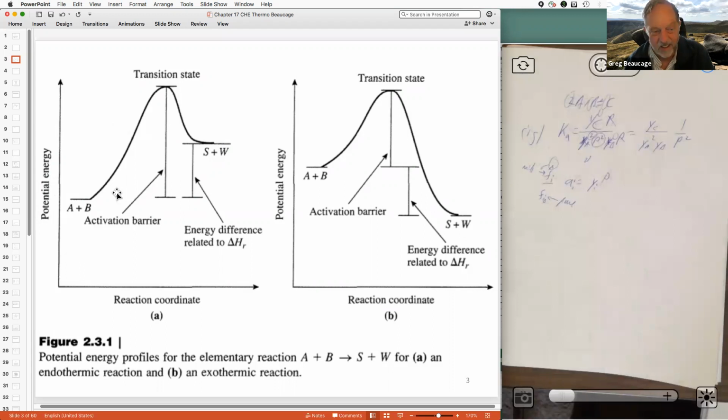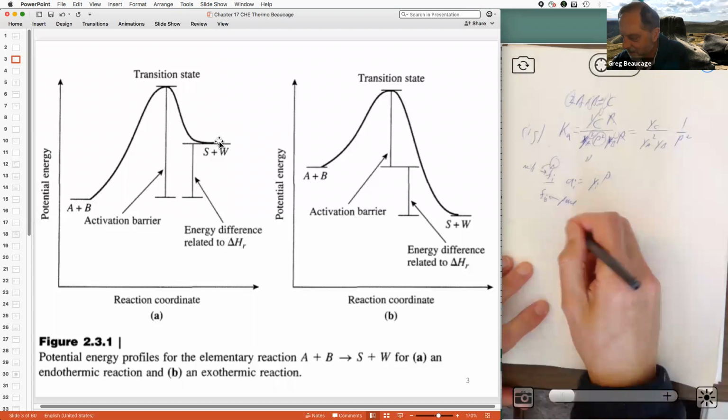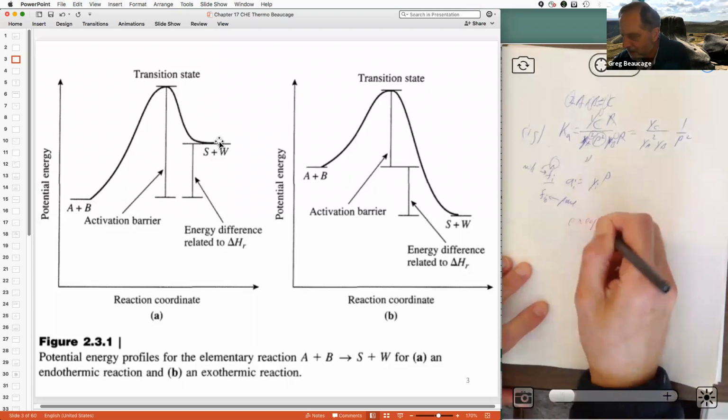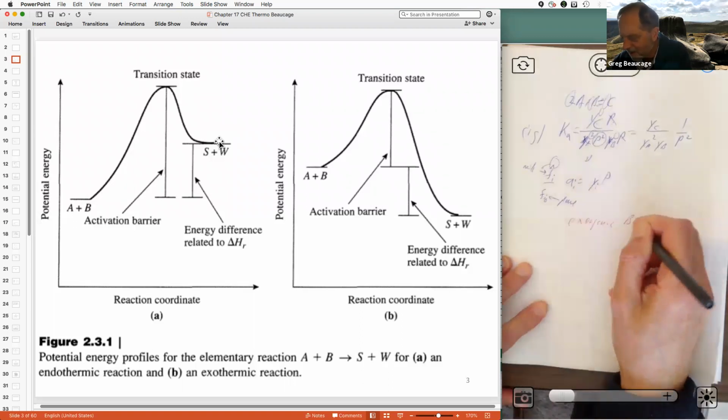So the idea is that with the equilibrium constant, this Ka, between A plus B and S plus W, we get the energy change. If it goes down, it's called exergonic, and that's good. If it goes up, it's bad.